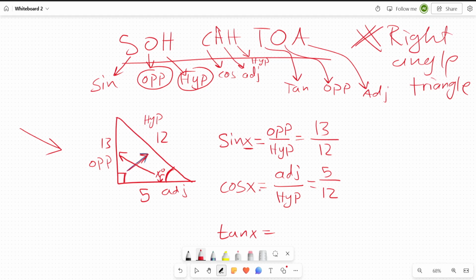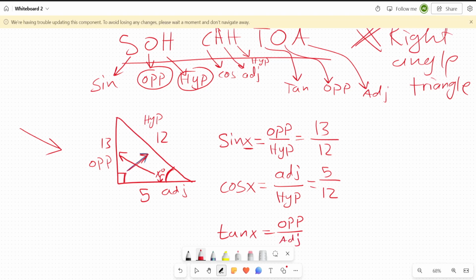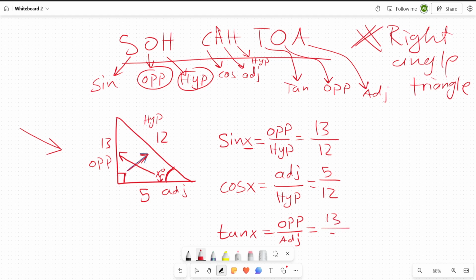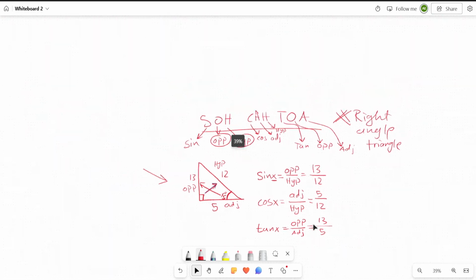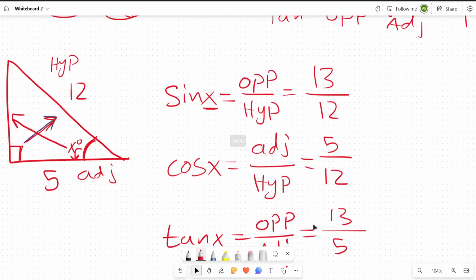From TOA, tan equals the opposite side over the adjacent side. So my opposite side is the 13 and my adjacent side is 5, so tan x equals 13 over 5.